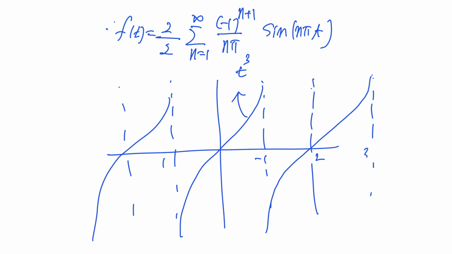In this case, the period is again 2, right? And this is again an odd function, so you will get only Bn, right? And you actually do it by differentiating 3 times.